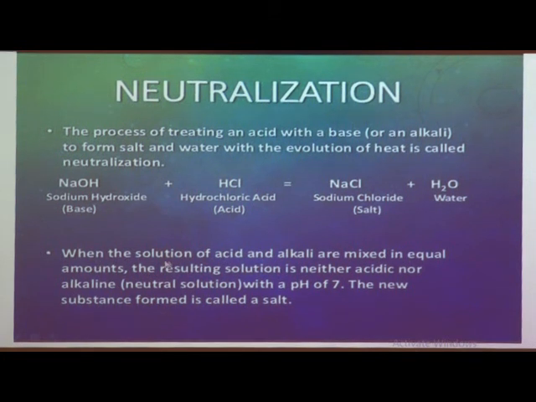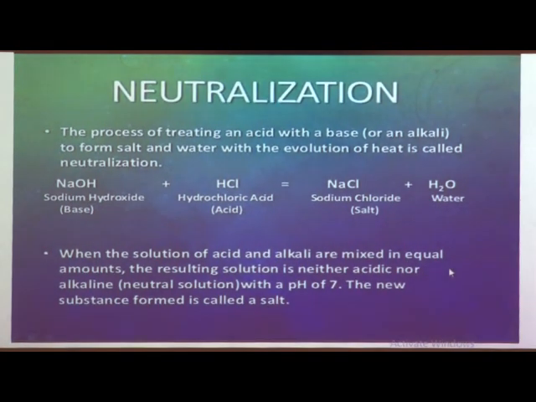Listen carefully: when the solution of acid and alkali are mixed in equal amounts, we have to take NaOH and HCl in equal amounts. Suppose we take 5 ml of NaOH and 5 ml of HCl. Whatever the amount of these substances, it should be equal.